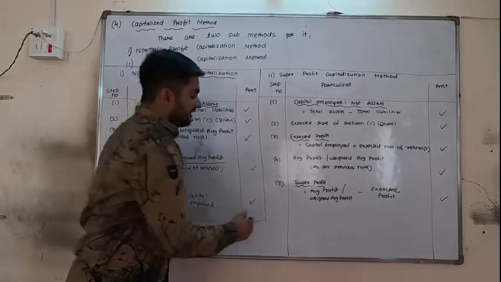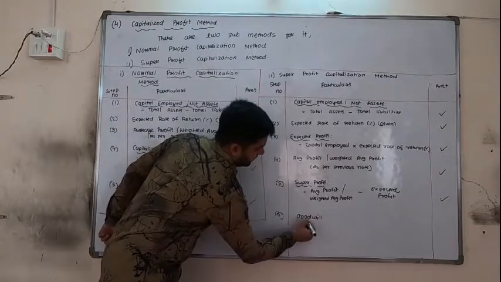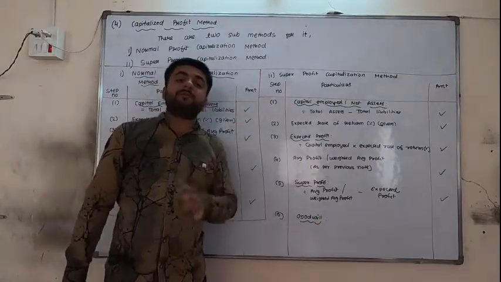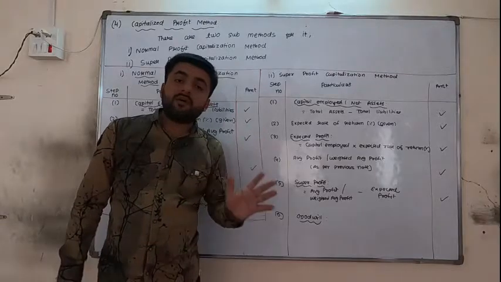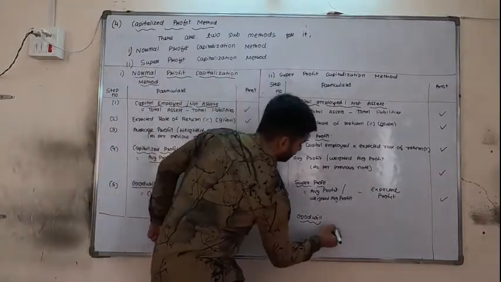The change is only in the 6th step, that is goodwill. Now what was the formula for goodwill in super profit method? Super profit multiply number of years of purchase. And what will be the formula here?